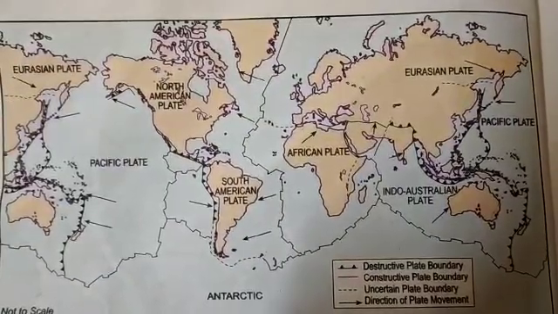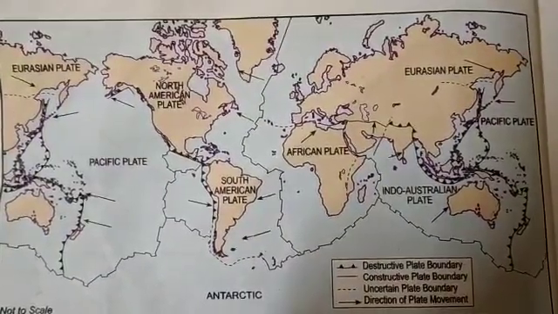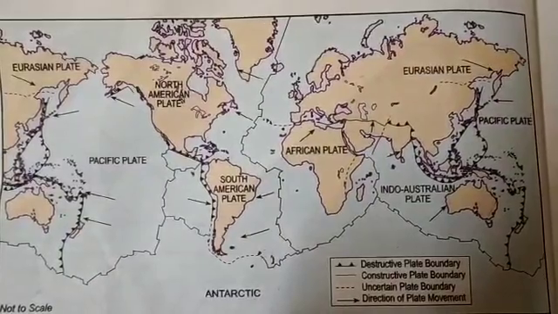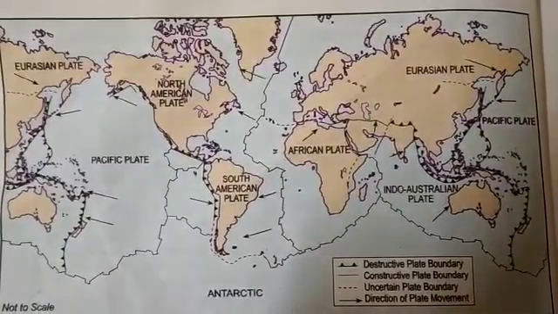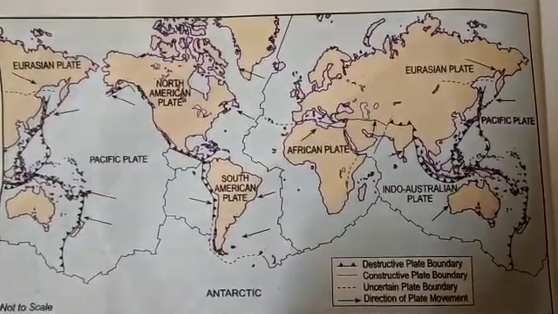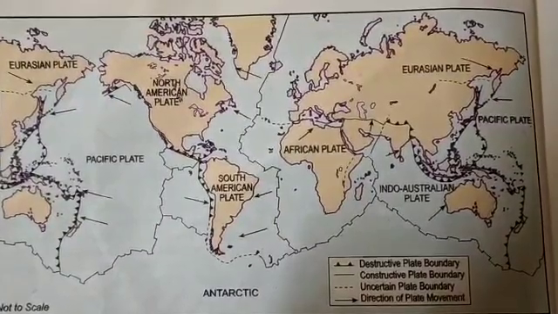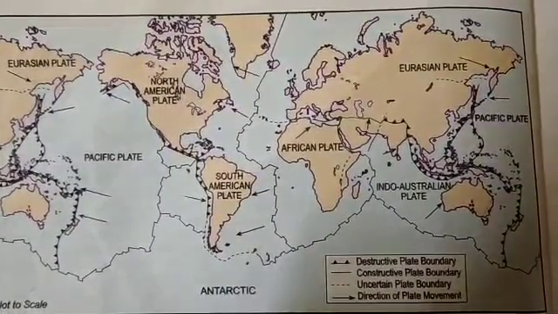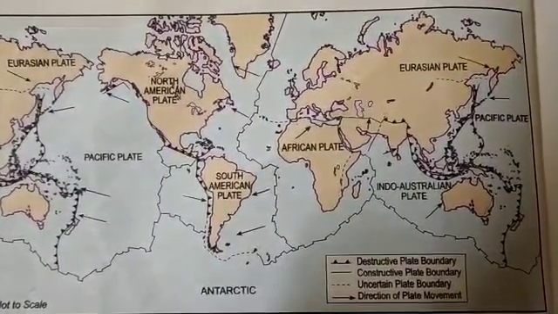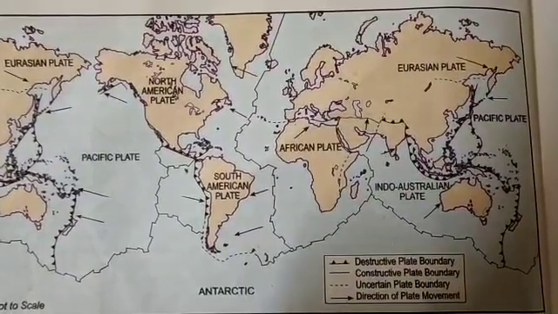So below the lithosphere there is a molten layer called the asthenosphere. The lithosphere is broken up into very large continental and ocean-sized plates: 7 major plates and some minor plates.